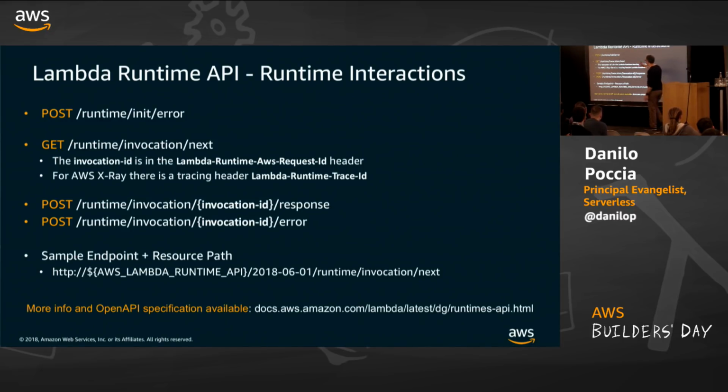The main loop is GET and then POST error or response. And the full endpoint that you need to implement is this. So this is HTTP, I think. And then you have the Lambda runtime API version 2018-06-01. This is the versioning date for the runtime API. This is the current one.